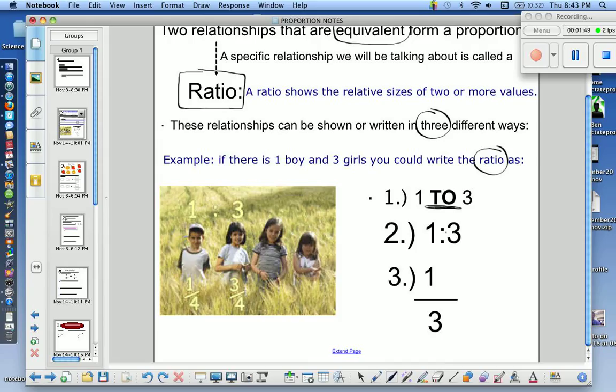This colon here, go ahead and circle that colon, expresses a ratio as well, 1 to 3. And this fraction bar here, we know the fraction bar goes for division, and it's also used to represent a ratio. So we've got 1 boy to the 3 girls, and that fraction bar represents that. If there are any questions, we need to pause the video so that we can ask our questions now.